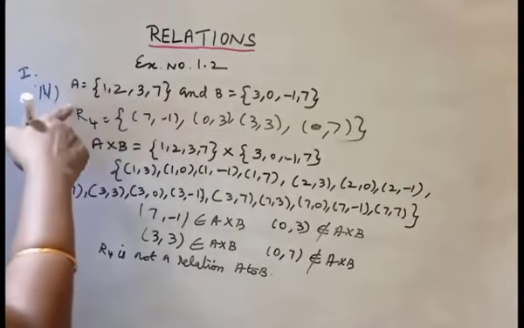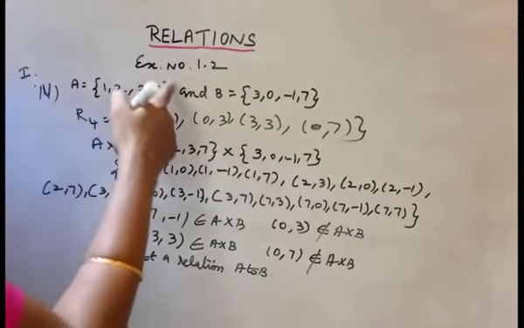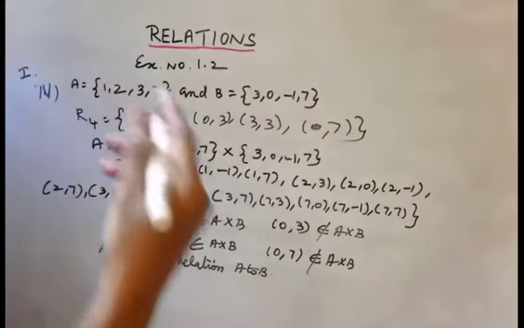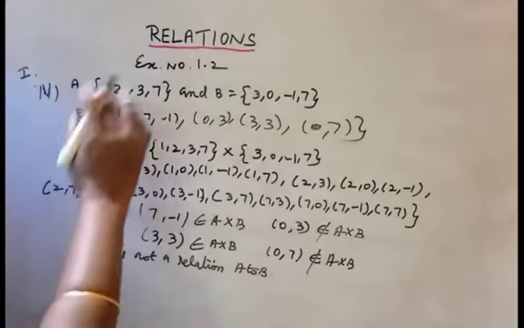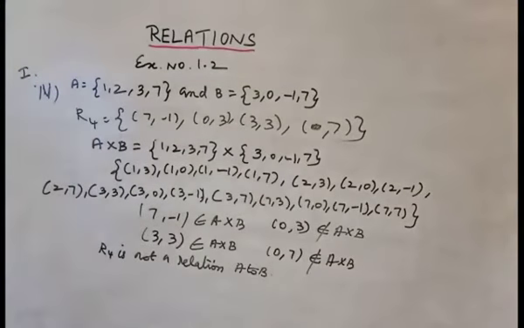Next, (0, 3): 0 is not in A. So you simply say R4 is not a relation from A to B.